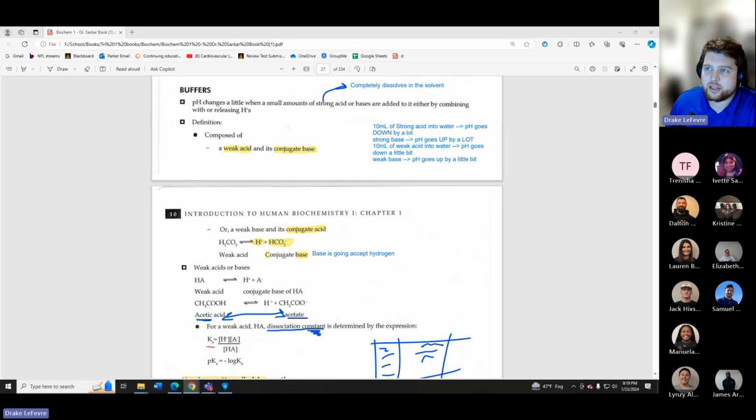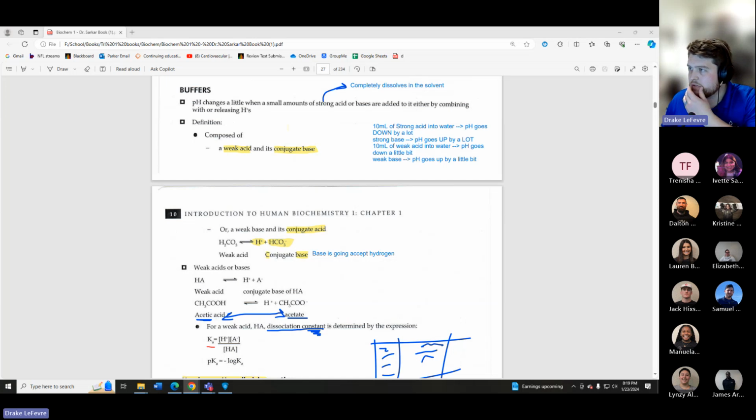Let me pull up. This is important. This is where I'll try and give you guys some of the future knowledge of why this matters. I feel like that's what helps me with remembering, knowing why it matters. Actually, this equation right here that he gives you is one of our blood buffer systems.